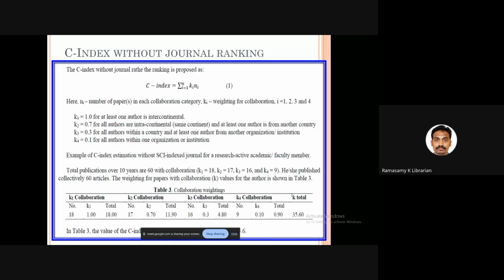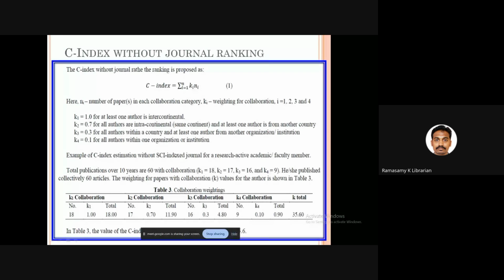So here they say, you have to give weightage to the collaboration standard of an individual. See, if you are publishing a paper with an author from another continent, you get one rank, one value for your paper. If the other author is not from another continent, but from another country, then you'll get a weightage of 0.7.